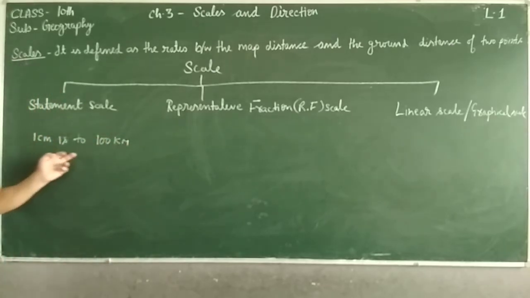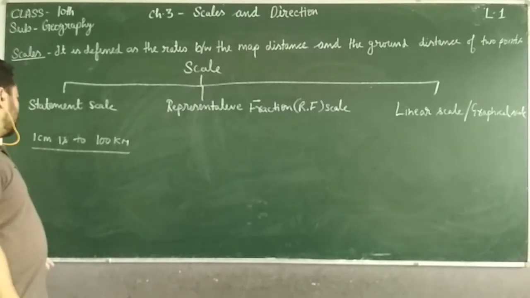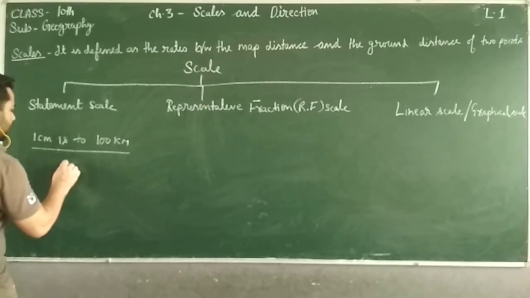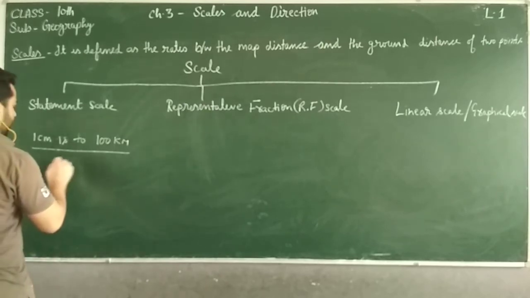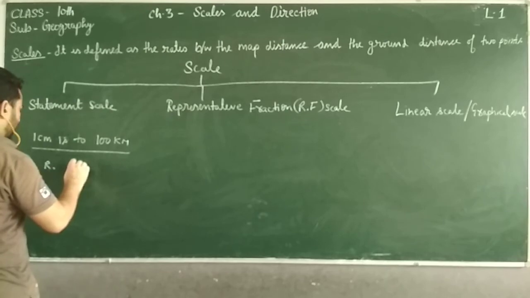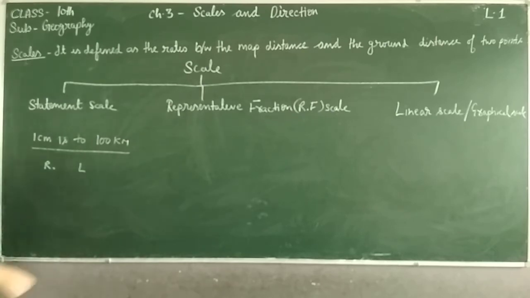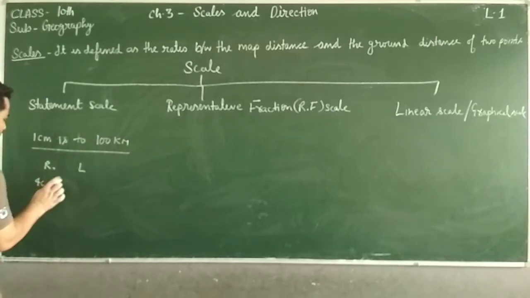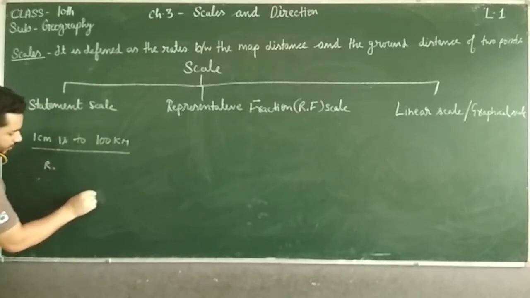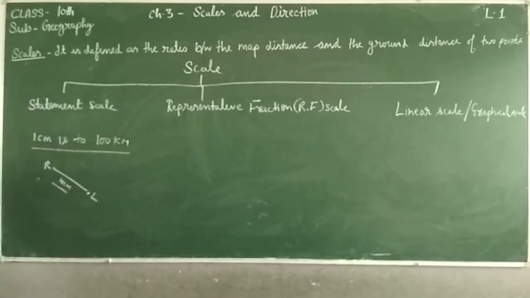If a map is drawn and this is written, it means that the distance between two places on the map will be 100 kilometer on the ground. Suppose you are measuring the distance between Rampur and Lucknow, and with the help of a scale it comes to 4 centimeter.